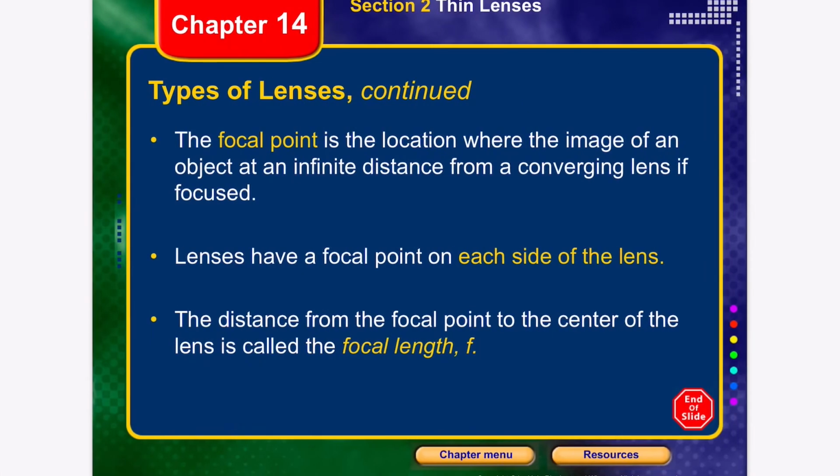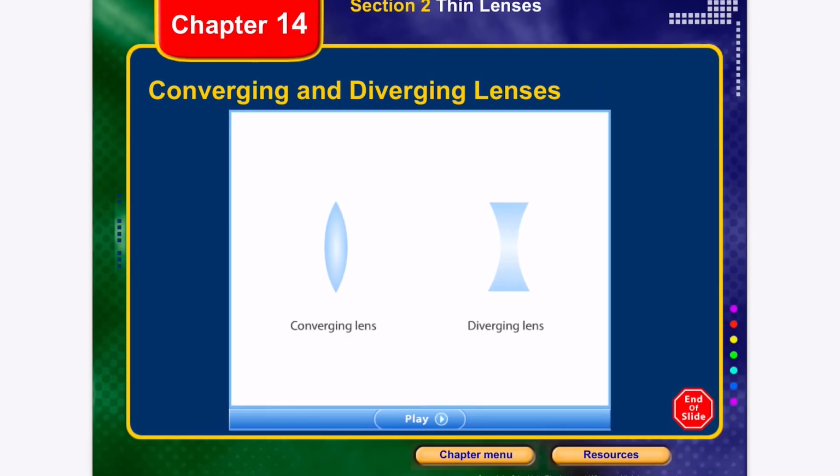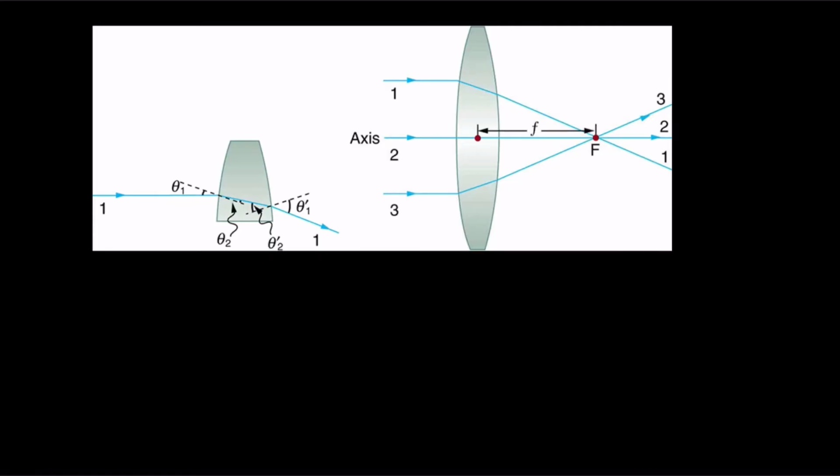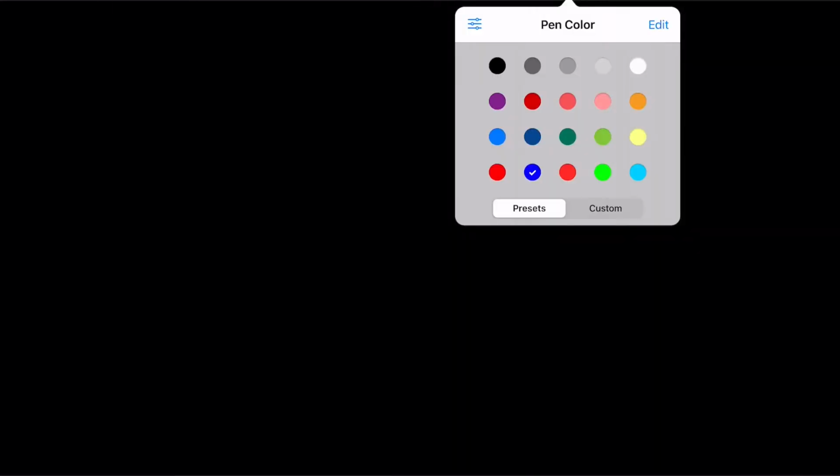So how do these lenses in general work? A lens is made of two glass pieces. Let's consider that we have a glass block, so this is glass here, and this is air, and this is air.